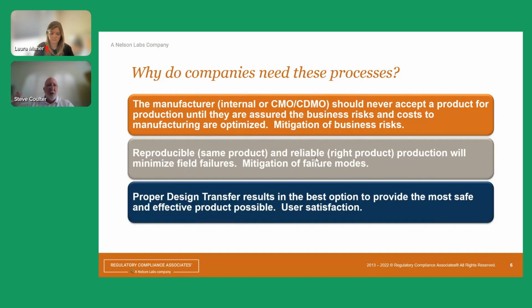With repetition, you get precision, and then you want it to be reliable. So it does no good if you're nice and reproducible, but you've missed the target. So that's what the design transfer process is all about, making sure you have the right target, the right product, and that you have the precision to do it the same every time.